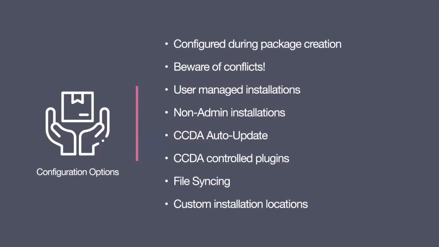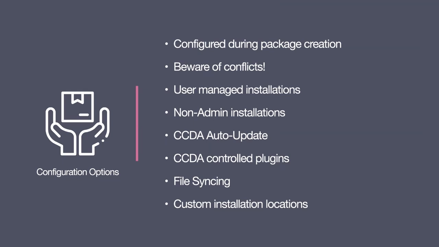I mentioned talking about some of those configuration options. Just be aware, if you deploy multiple Adobe packages with conflicting settings, typically the last installation wins. But this interaction is undefined, to use an Apple term. Talking of those options, these do include allowing users to install and update their own applications, allowing non-admin users to install and update their applications.